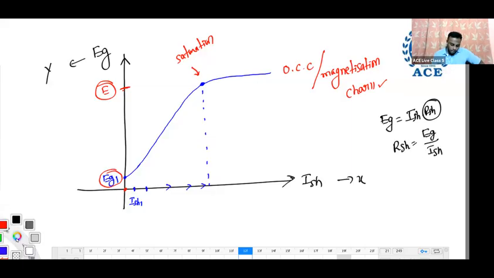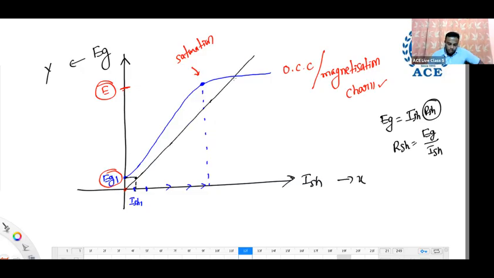Now I will draw that line here. Suppose this is EG1 and this is ISH1, the intersection of these two points. Let us join the two points, because two points are enough to draw a straight line: the origin is one point, and this is another. Now I will extend this line.